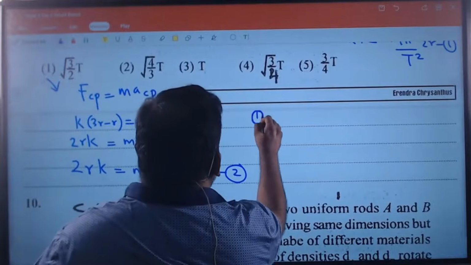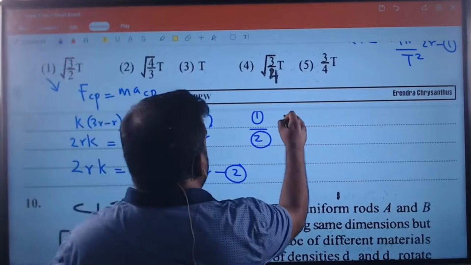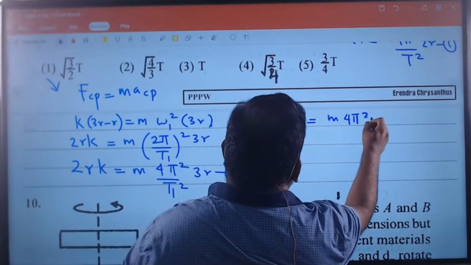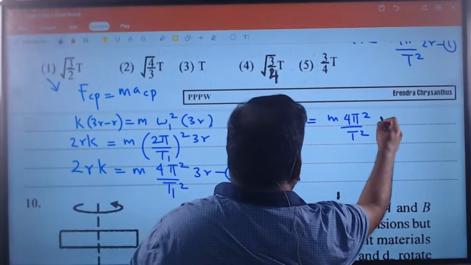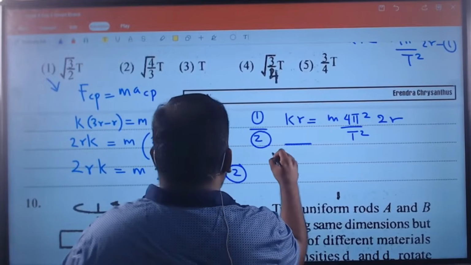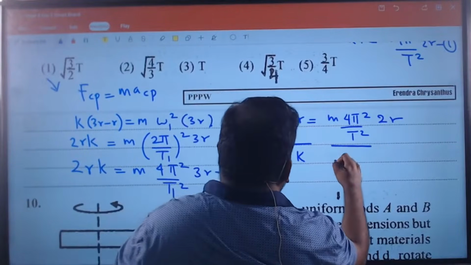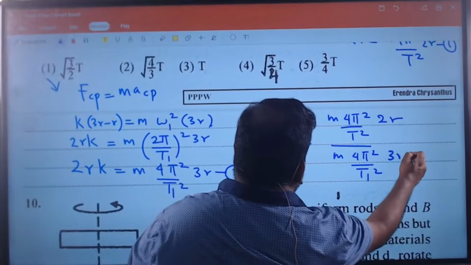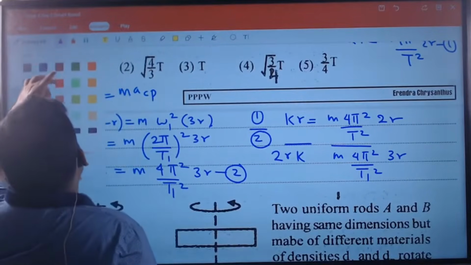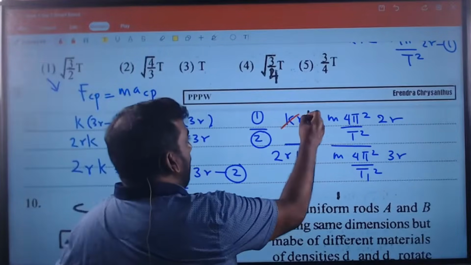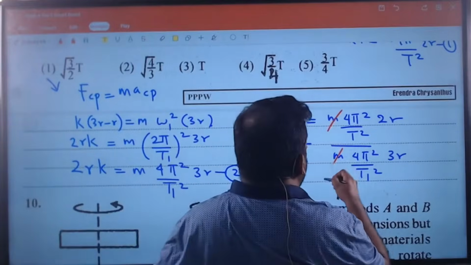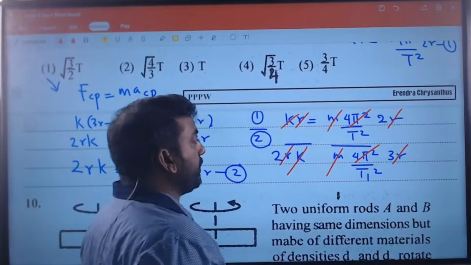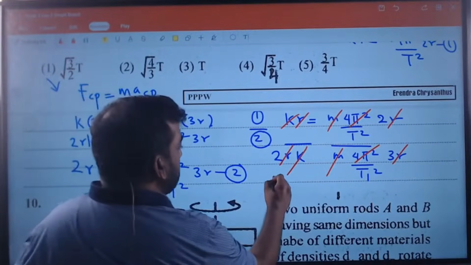Divide the first equation by the second equation. Kr over 2rk equals M 4 pi squared over T squared times 2r, divided by M 4 pi squared over T1 squared times 3r. Look at the board carefully. K, r cancel off. M cancels off. 4 pi squared cancels off. R cancels off. Simplify this.